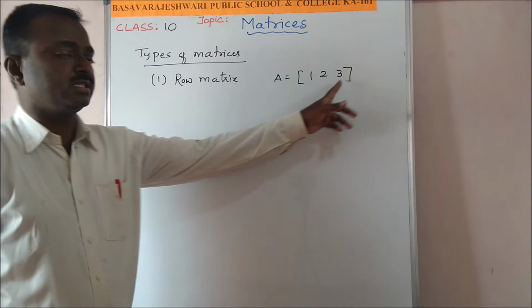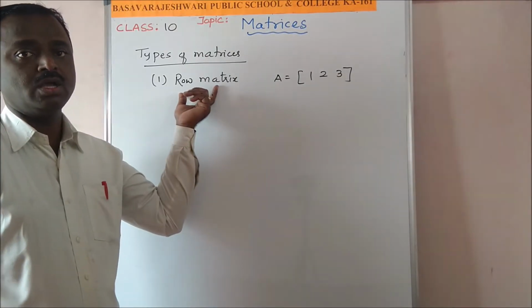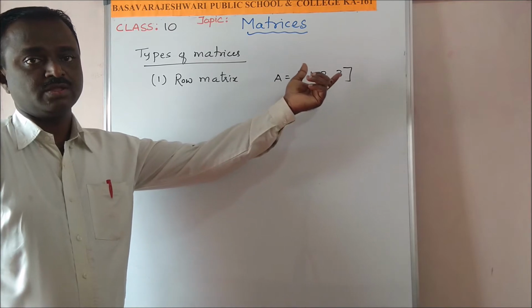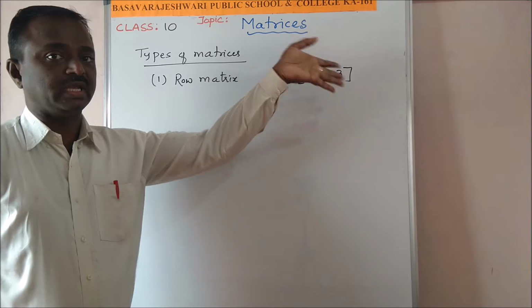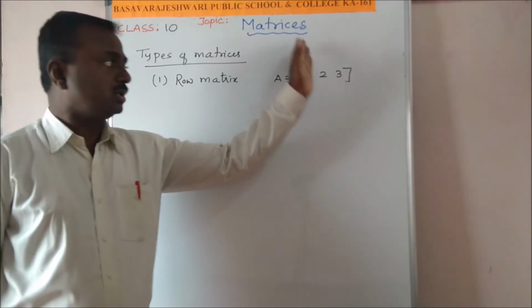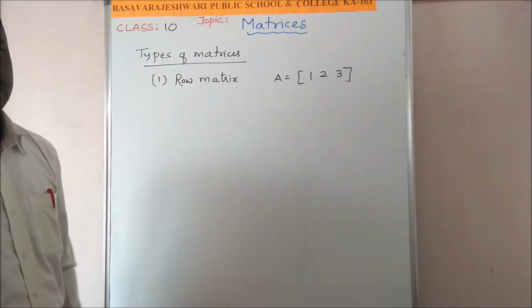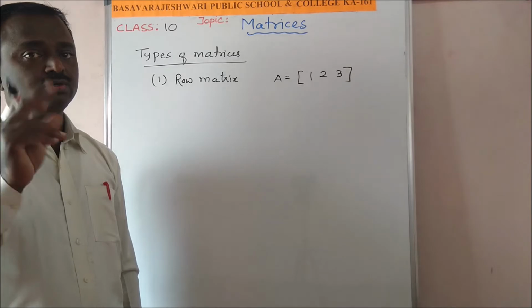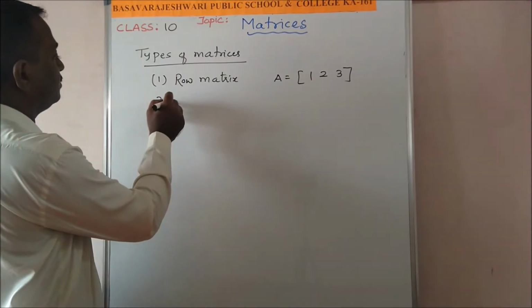Such a matrix is called a row matrix. So what is the order of this matrix? Only one row, 3 columns, so the order of the matrix is 1 into 3.